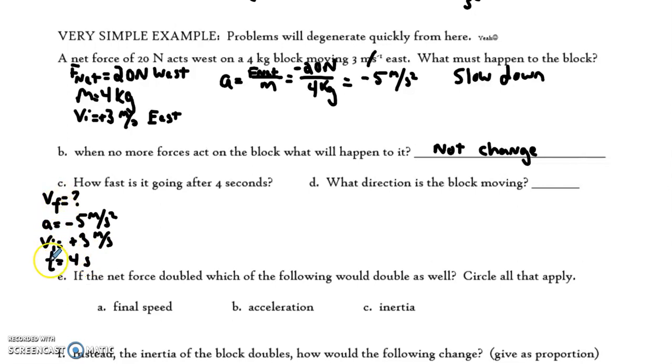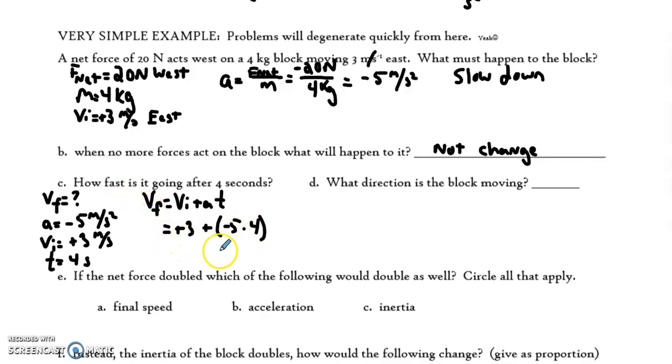If you look at your reference tables, VI, VF, A, and T, you'll see equation 3, VF equals VI plus AT. So this is +3 plus a -5 times 4.